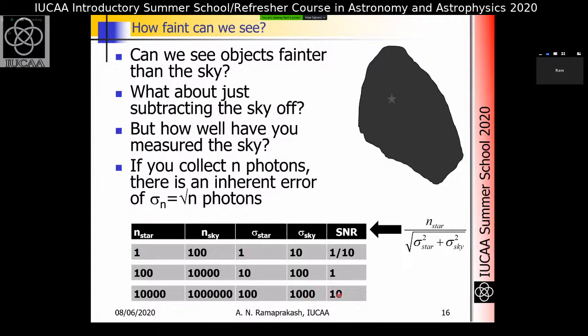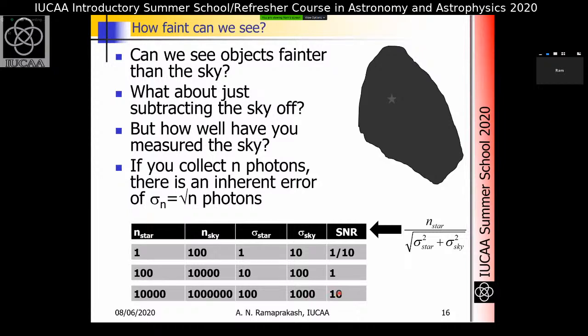So what it shows is that even if the star is 100 times fainter than the sky, if you collect a sufficient number of photons, the signal from the star can at some point become larger than the total noise, and therefore you will be able to detect the star.